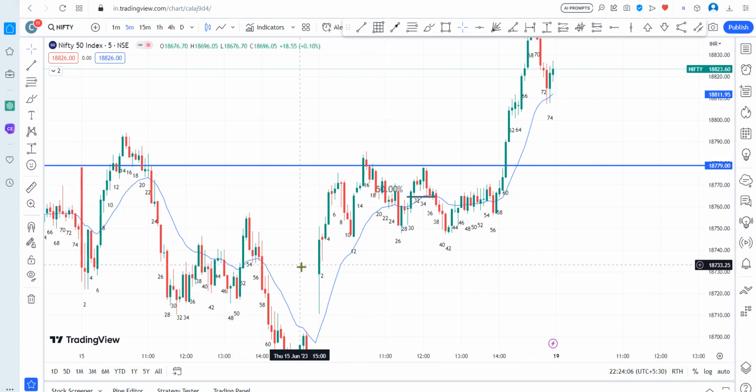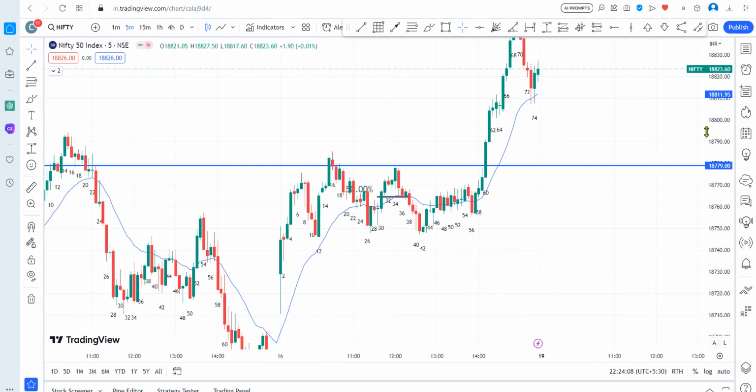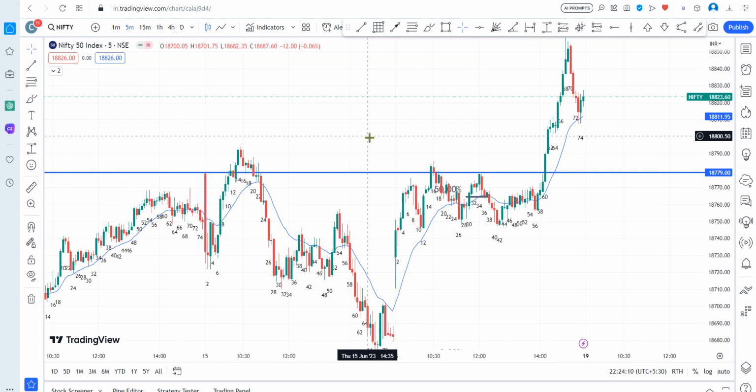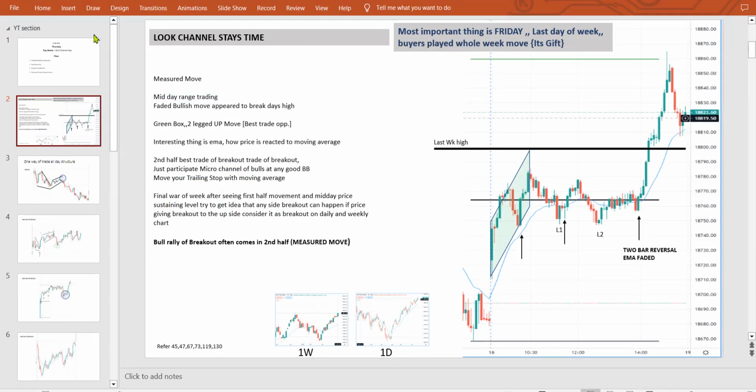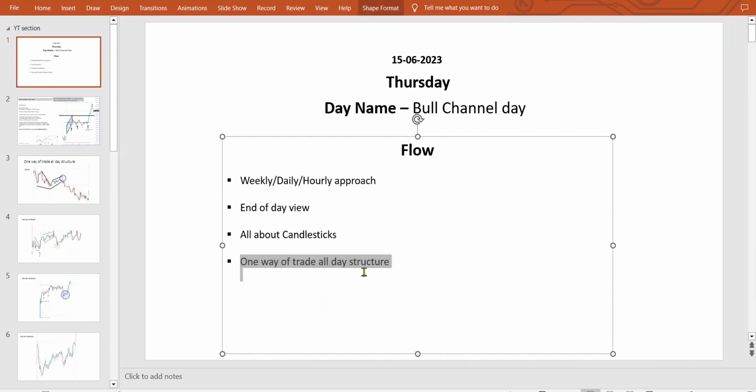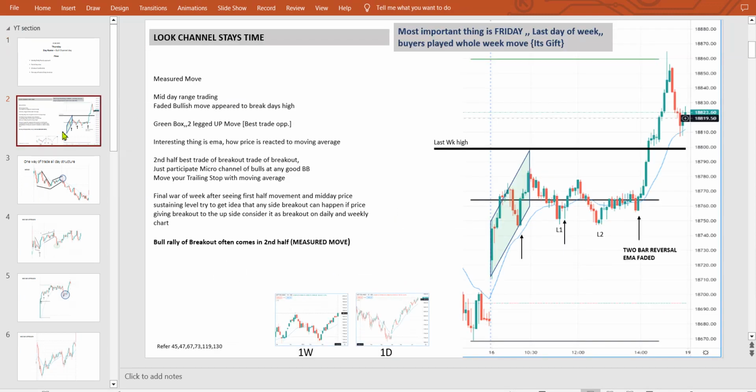Let's consider more examples and our trade setup. One way is to trade the all day structure. In our journey, we have also discussed more than 3 or 4 structures today.